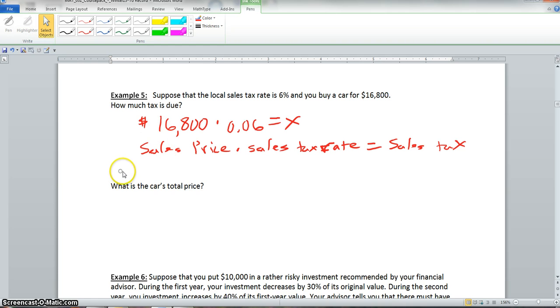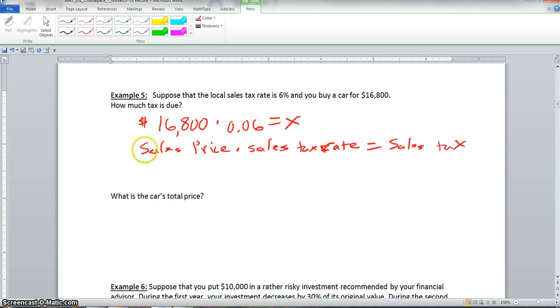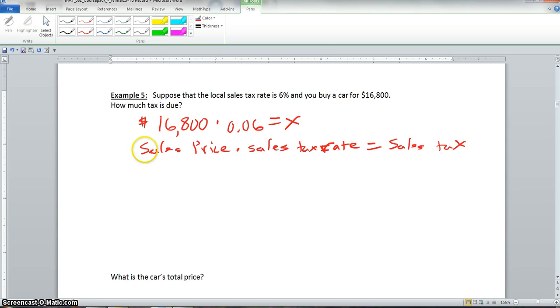I just need to move this down just a little bit so we will have the room to do this problem. Okay, now we're going to take this $16,800 and multiply it by 0.06. 6 times 0 is 0, 6 times 0 is 0, 6 times 8 is 48, carry our 4, 6 times 6 is 36, plus 4 is 40, 6 times 1 is 6, plus 4 is 10.